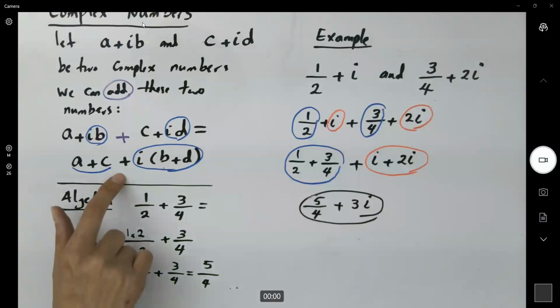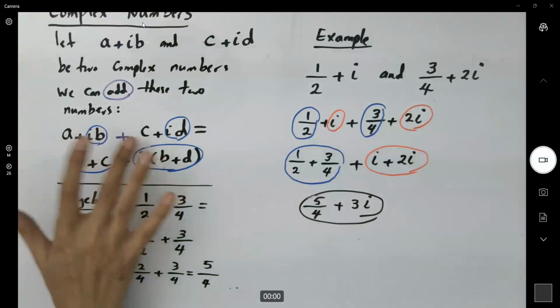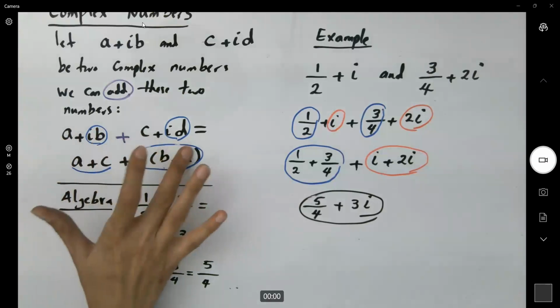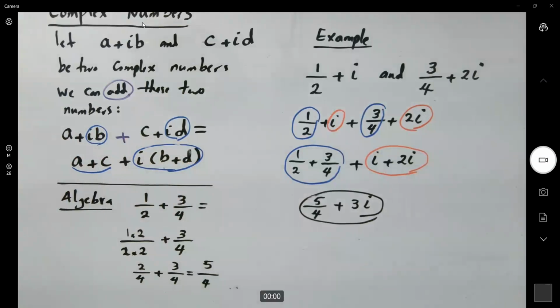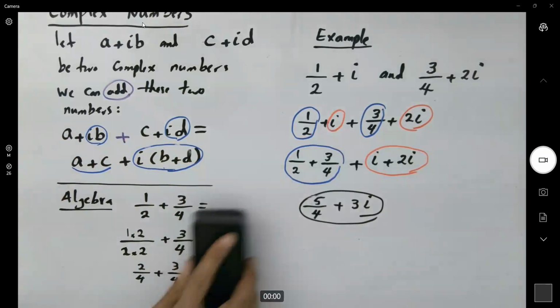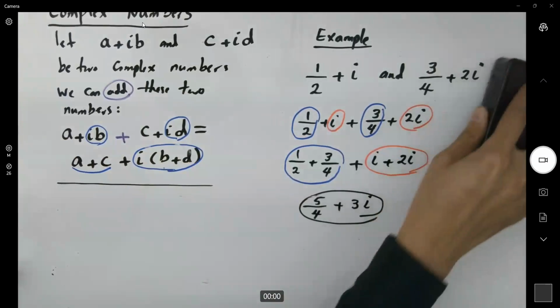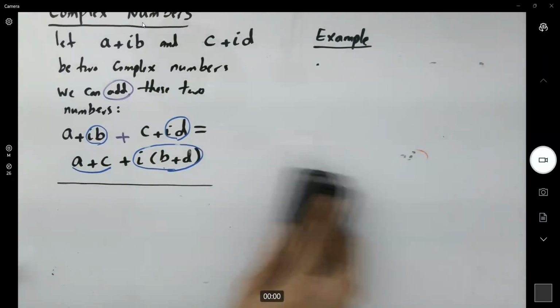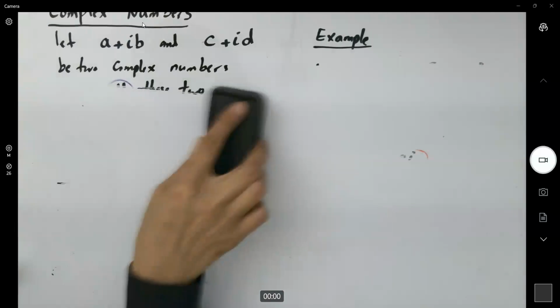Okay, now that we talked about addition, adding the real parts and adding the complex parts, now we're going to talk about subtraction. There we go. Let us write down subtraction.